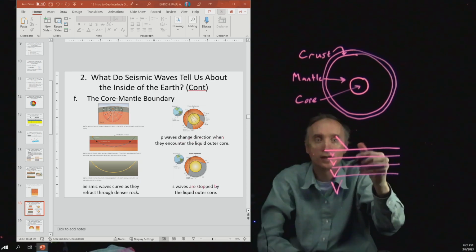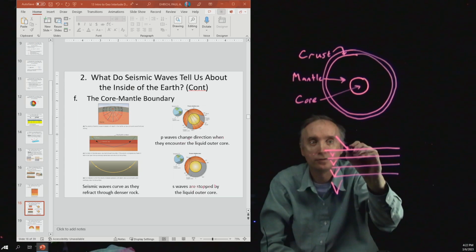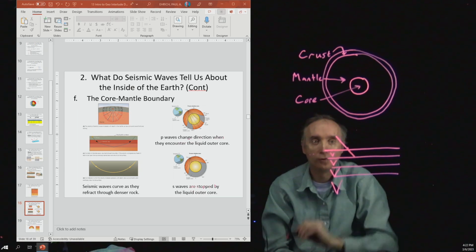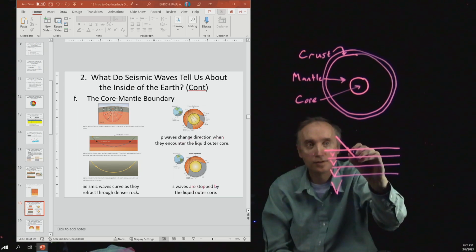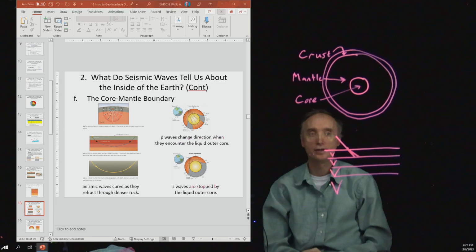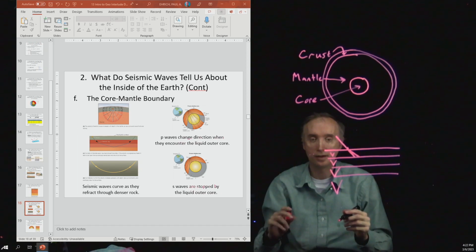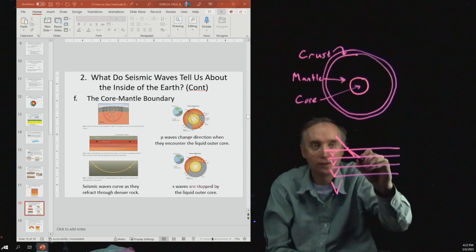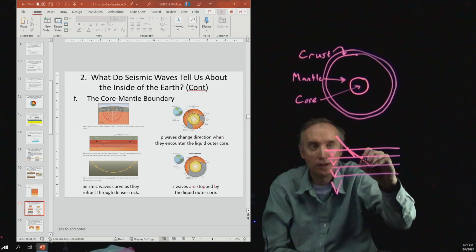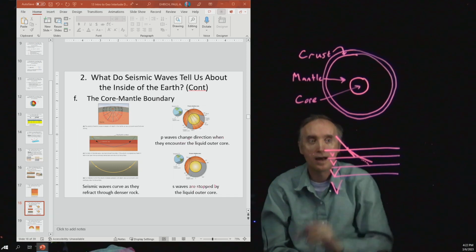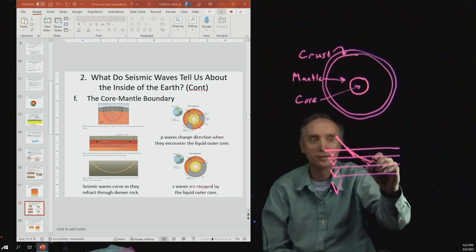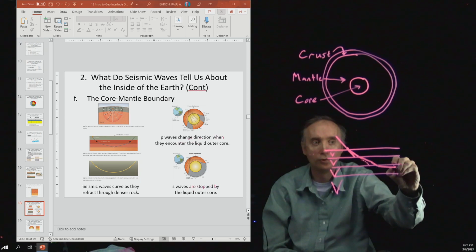So that means that if this was the direction that it was going before, now it's going to go something like that. Okay, now when it gets to this layer, we do the exact same thing, and we would find that instead of going in this direction, it's going to bend more like that. And then when it gets to this layer, it's going to bend even more.